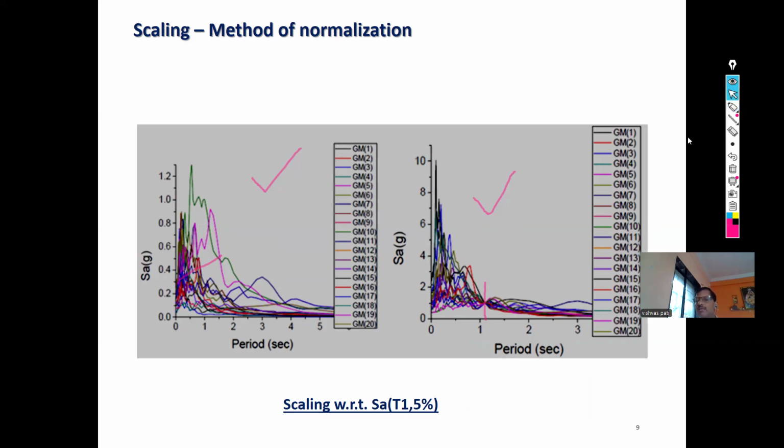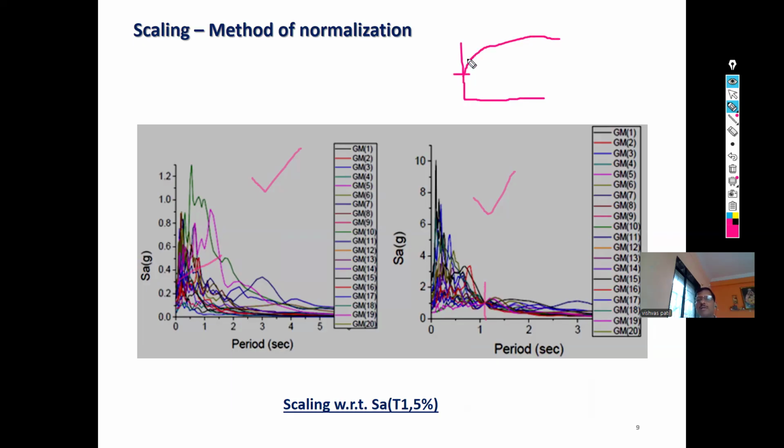These will be the two figures if SAT1 is the intensity measure. Instead of that, suppose we have taken PGA as the intensity measure. Then after normalization, the response spectrum plot will be passing through the same line. This is the PGA value, which is normalized to 1.